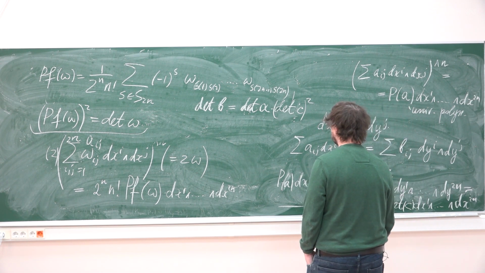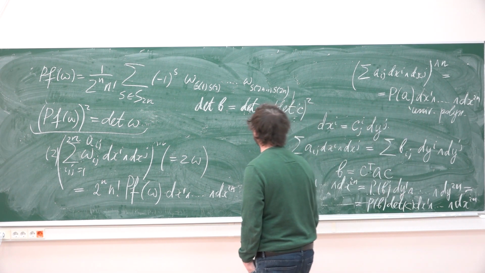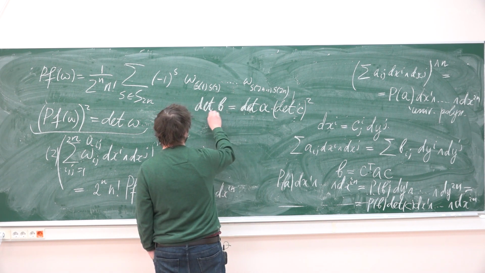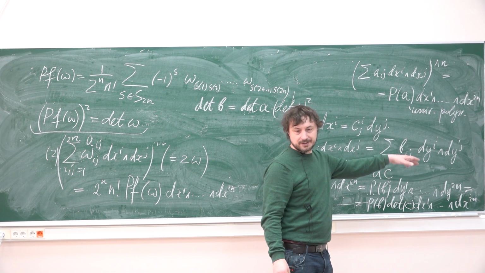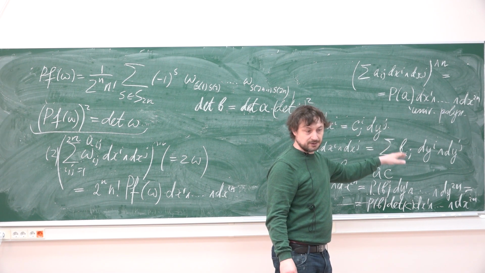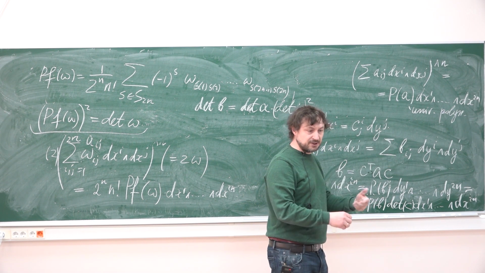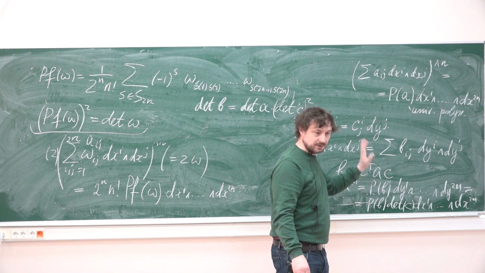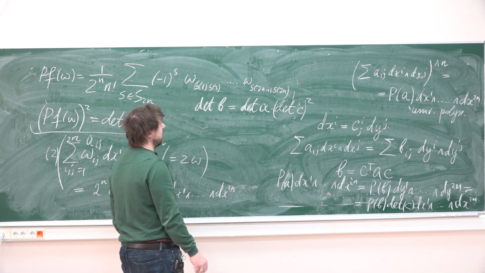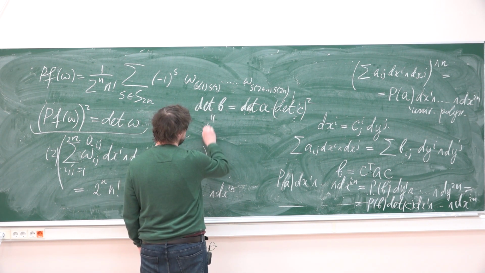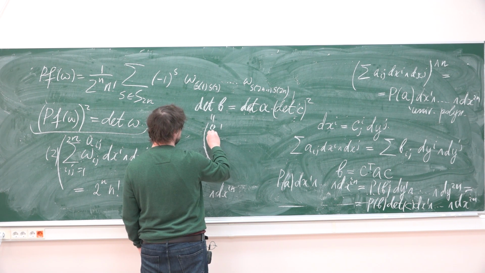And also, you can now take B. If your matrix A is non-degenerate, you can always assume that, because if it's degenerate, you get 0 already, no problem. So let A be non-degenerate. Then you can take B equal to this kind of thing.